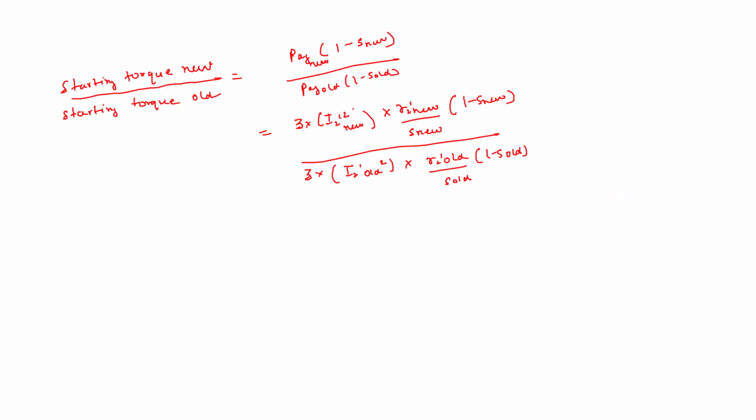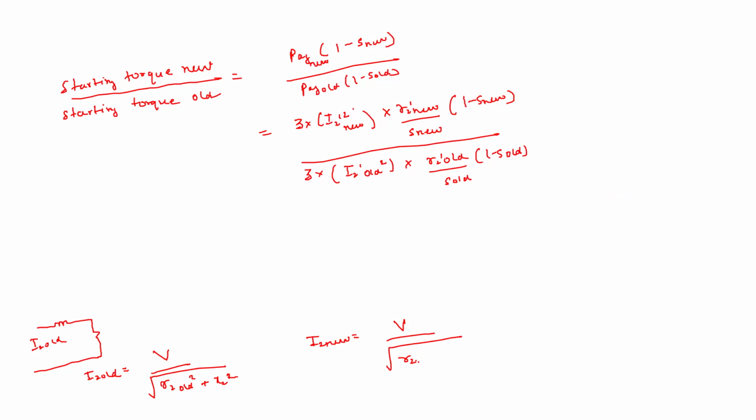Now in the current, what you have to do is solve for the current. Now what will be I2 old and I2 new? So let us see that. Let us say this is I2 old. So I2 old will be V by root over of R2 old square plus X2 square, and I2 new will be V by root over of R2 new square plus X2 square.